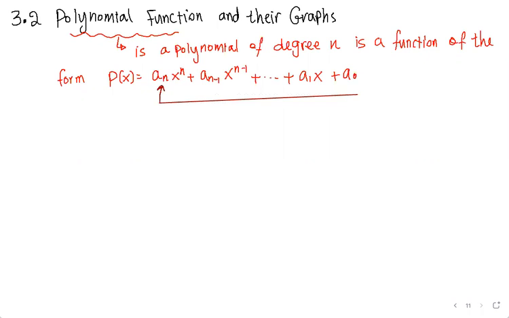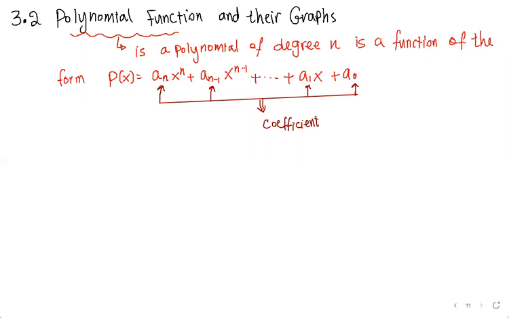This one an, this one an minus 1, and a1 and a0, all of these are called coefficients.